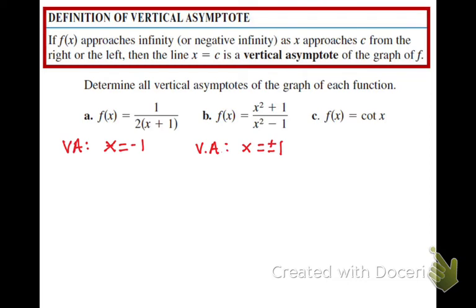Okay, now we got cotangent. So cotangent is y over x, yes? So where x is 0 is where? No, cotangent's x over y, isn't it? Cosine over sine.